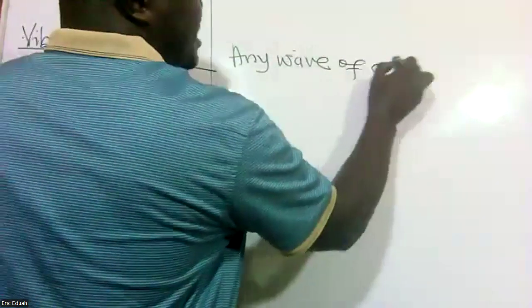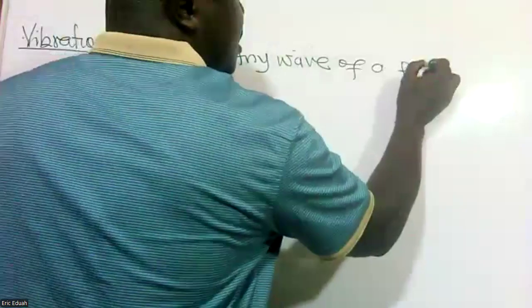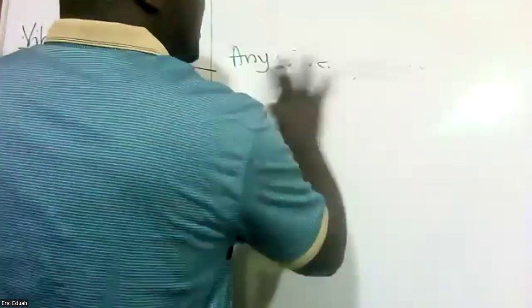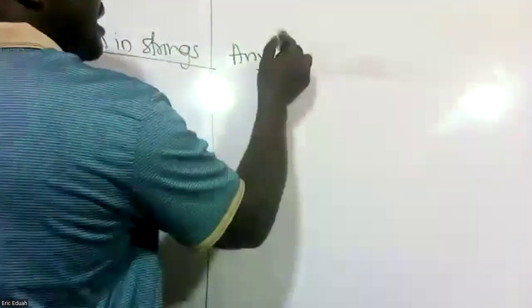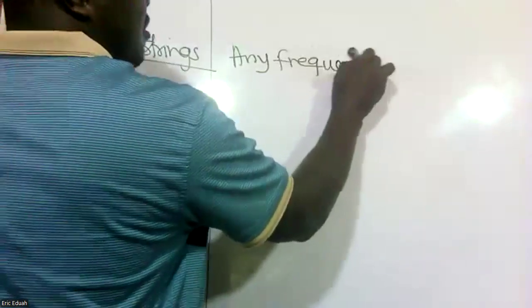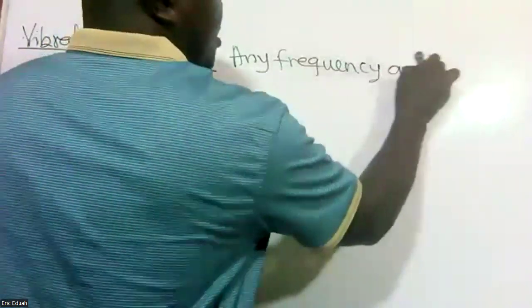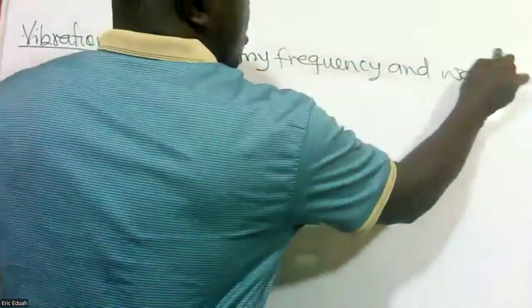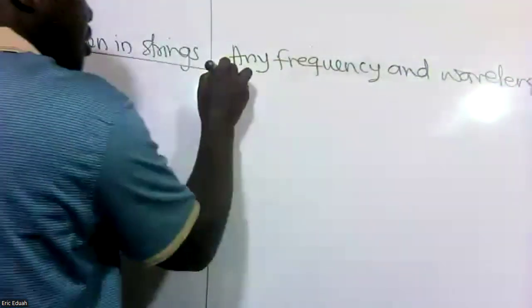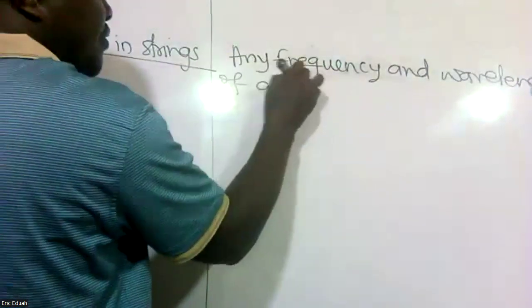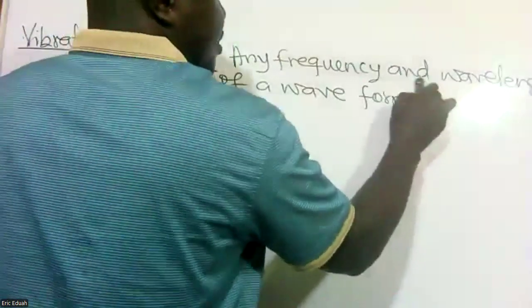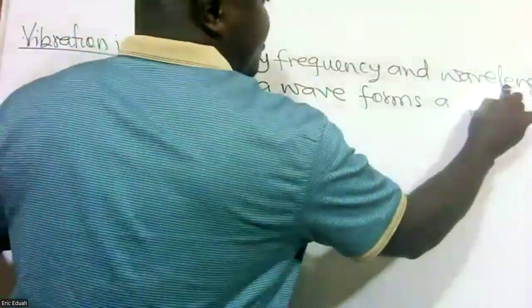Any frequency and wavelength of a wave forms a progressive wave.